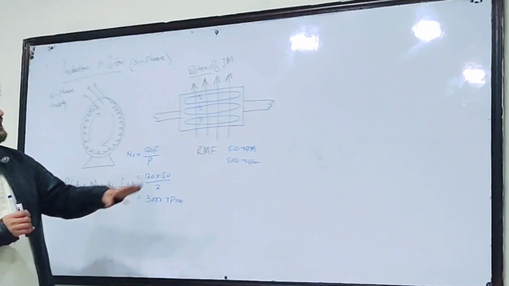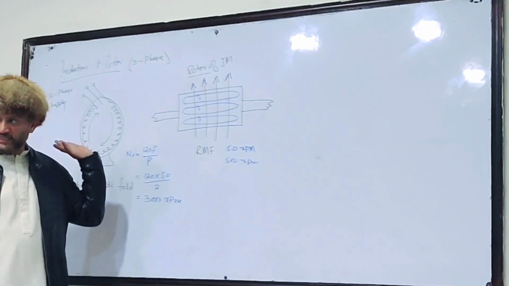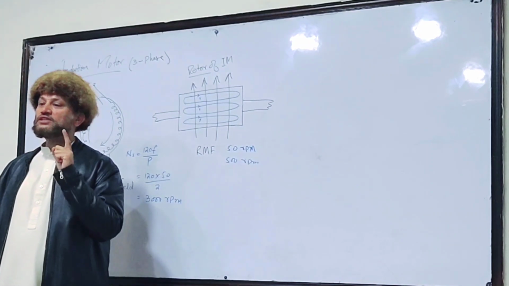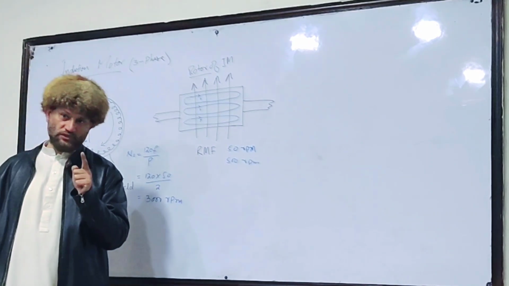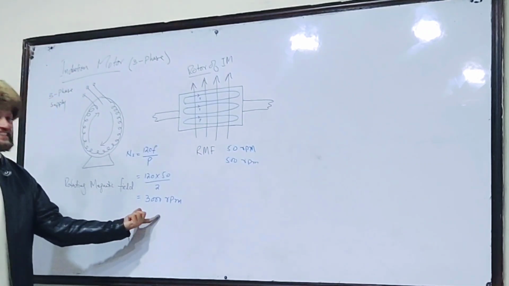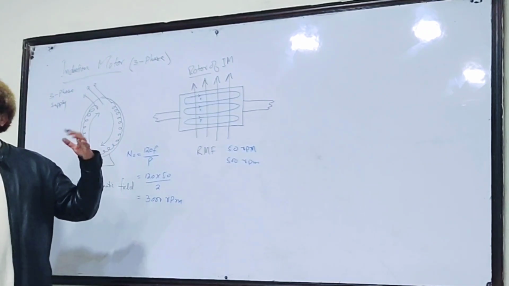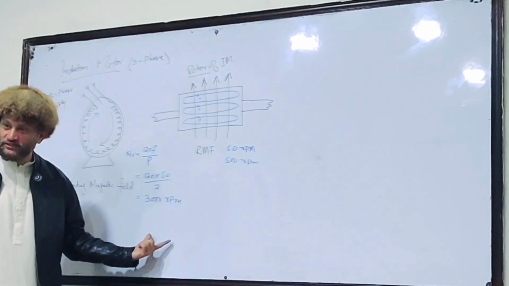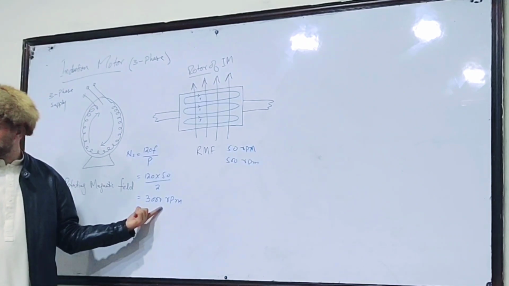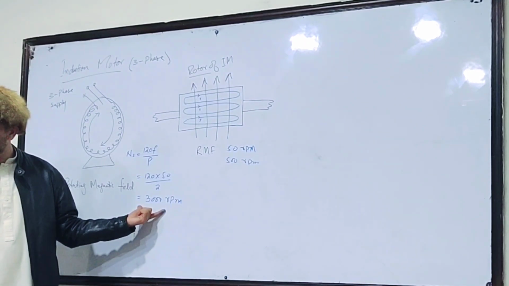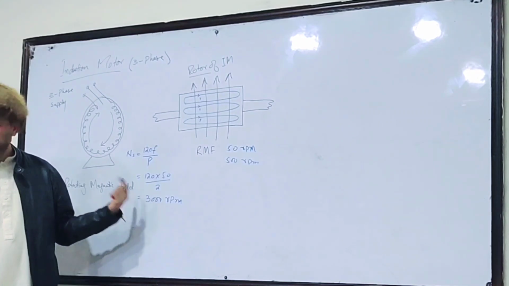Now the bars are cut by the rotating magnetic field with a speed of 2500 revolutions per minute. Understand? It is less than 3000, you know. The EMF induced in these conductors is less as compared to the 3000 revolutions per minute of the rotating magnetic field speed. Understand my point?